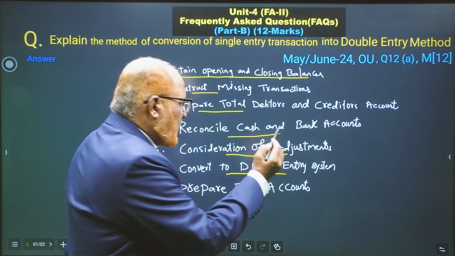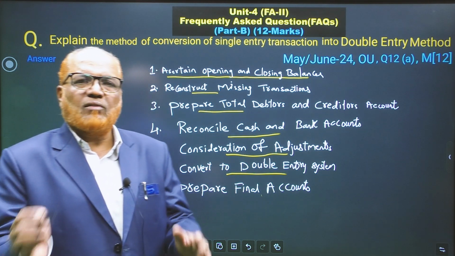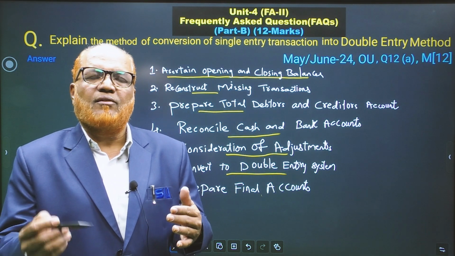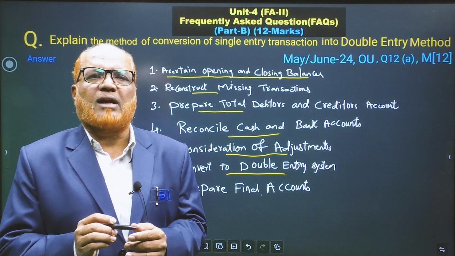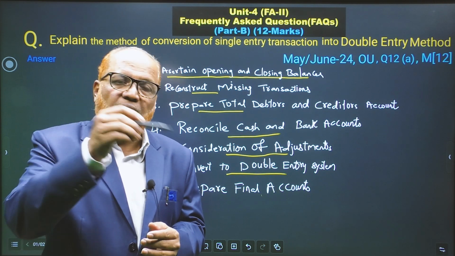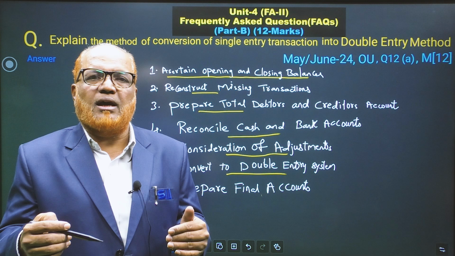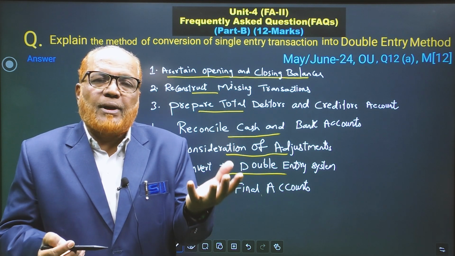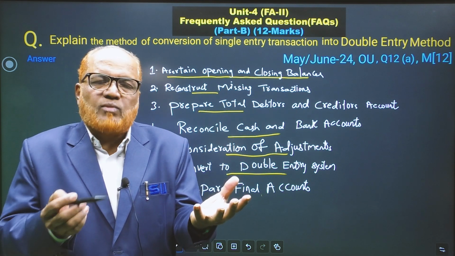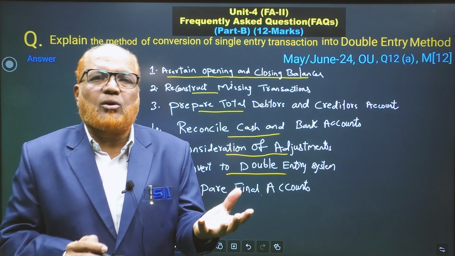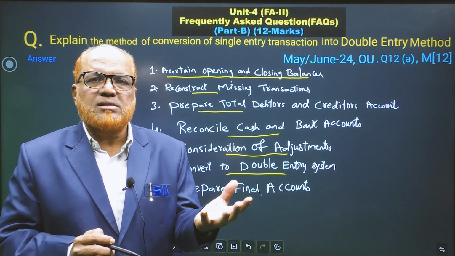Next, convert into the double entry system. Whatever we have done so far, we have converted the single entry transactions into double entry. That means whatever is missing in the problem, we have ascertained. So we got the complete transactions, which will enable us to convert it into double entry system.